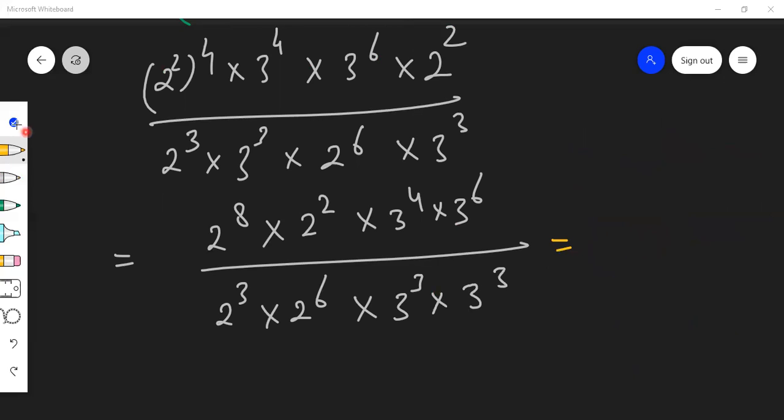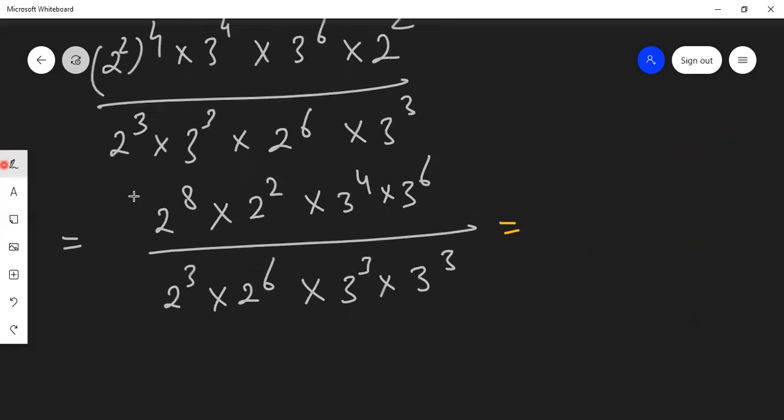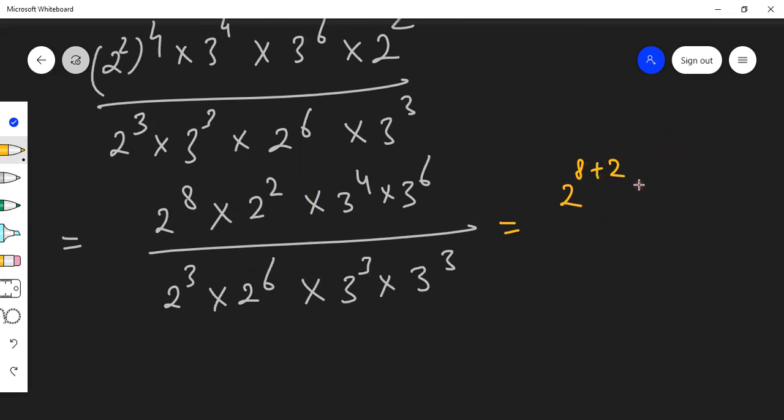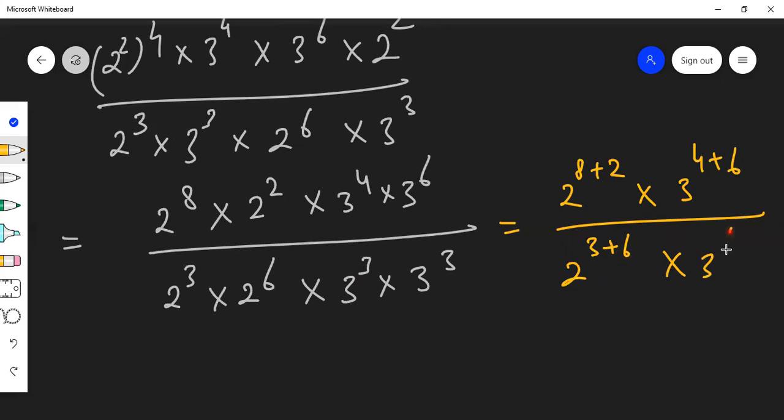This can be written as 2 to power 8 plus 2. So that is 2 to power 8 plus 2 into 3 to power 4 plus 6, divided by 2 to power, again same law, 3 plus 6, and 3 to power 3 plus 3. Okay, let's write first 3 plus 3.